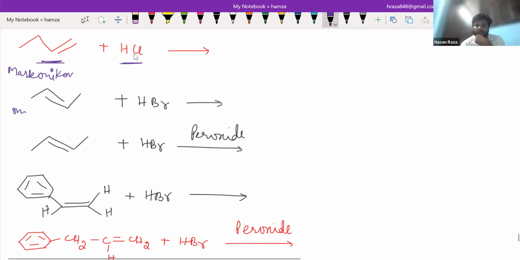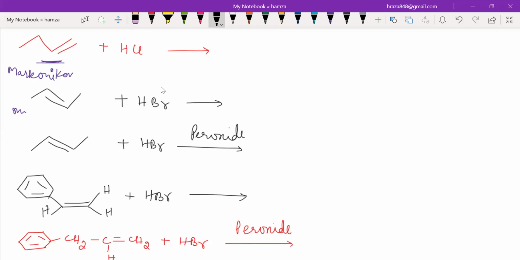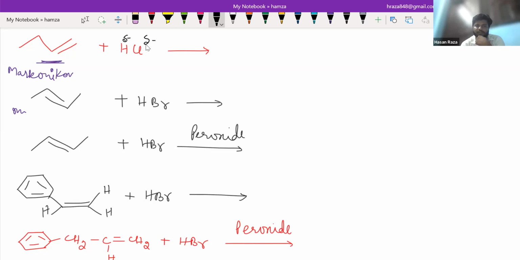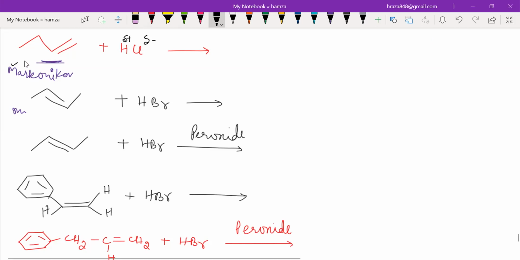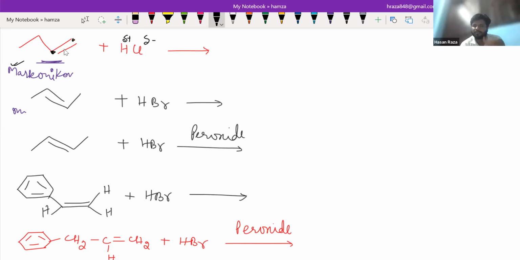See, in HCl, which is the negative part, hydrogen or chlorine? Chlorine is more electronegative, delta negative, and hydrogen is delta positive. Now come to this alkene. Along the double bond, there is a carbon and there is a carbon, which has more hydrogen?